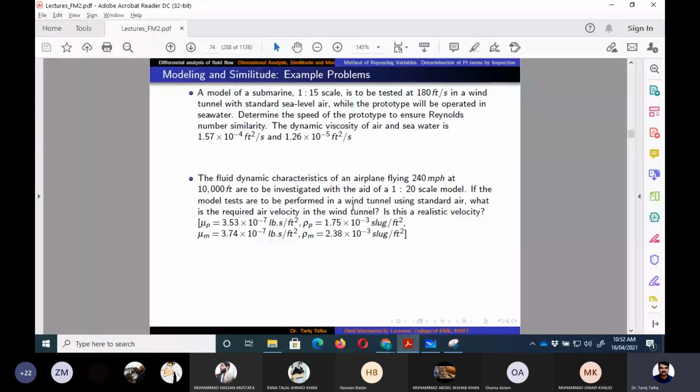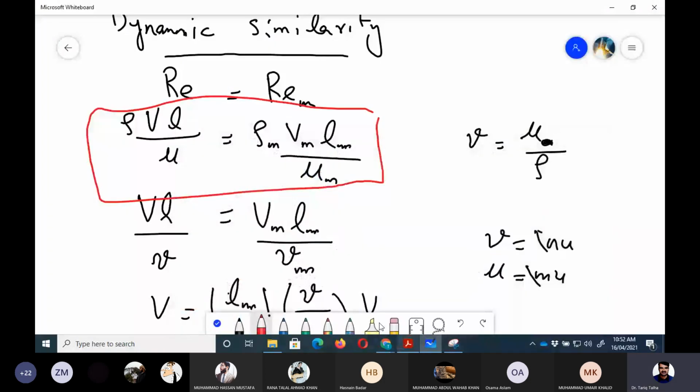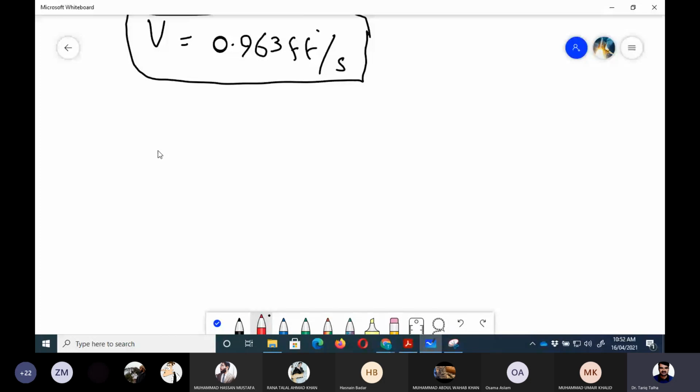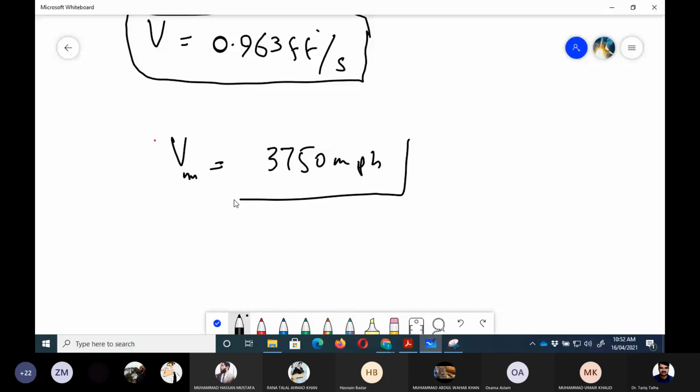So if we do the calculation by putting in the values, because we need to calculate Vm, I would leave those calculations to your calculator, and instead I write the value of that Vm, which comes out to be 3750 mile per hour, right?